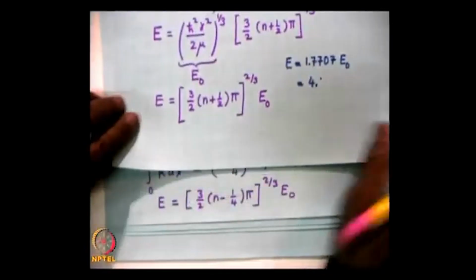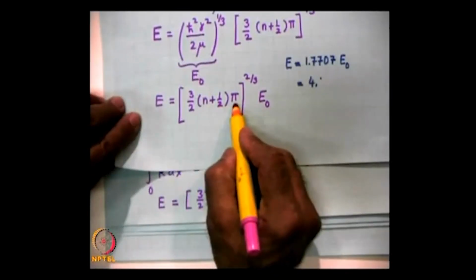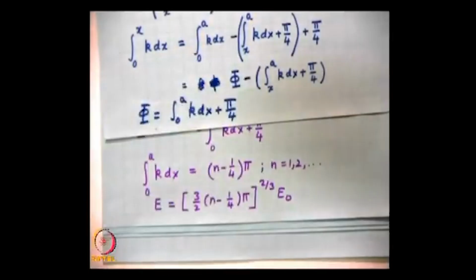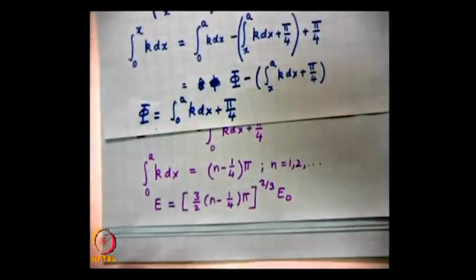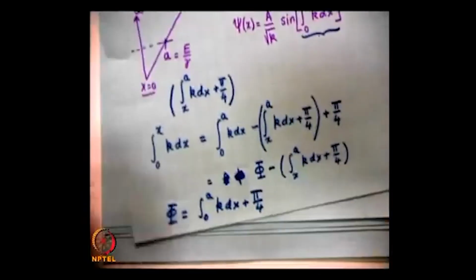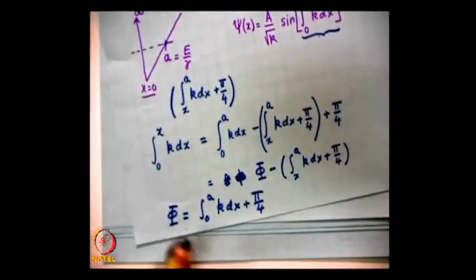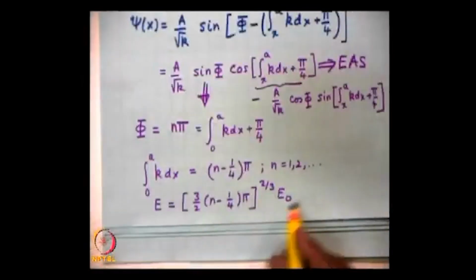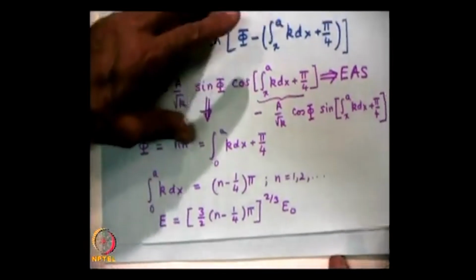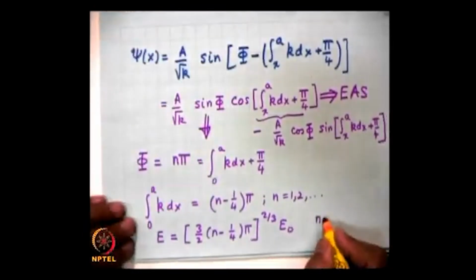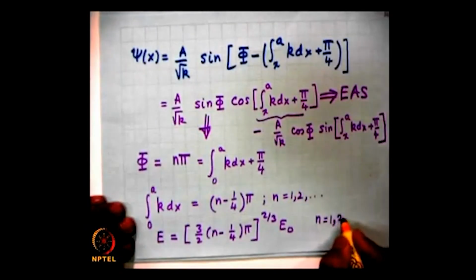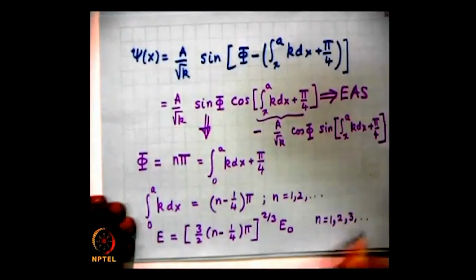In my previous result it was (n plus 1/2) pi, so I must now have (n minus 1/4) pi. This is the difference in the result. If I now put n equal to 1, 2, 3 in this expression, I leave this as an exercise for you.